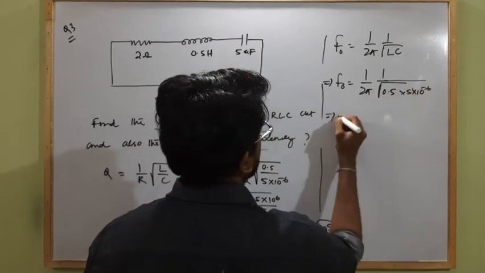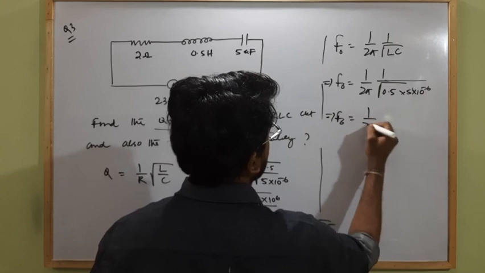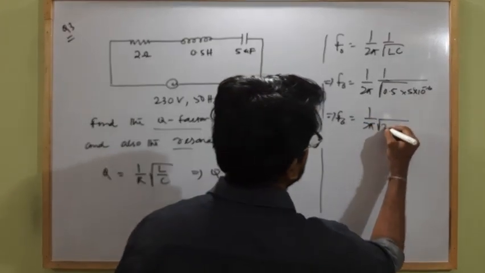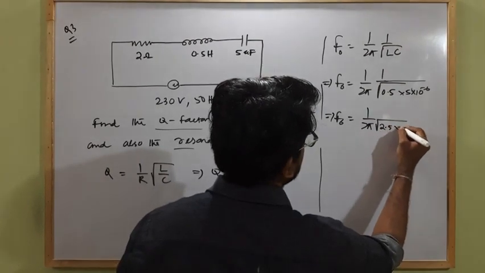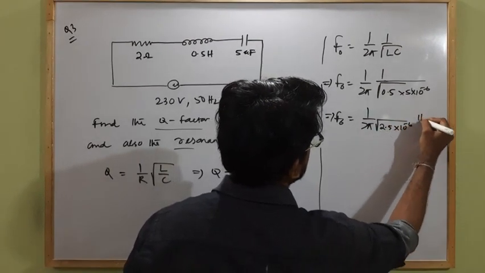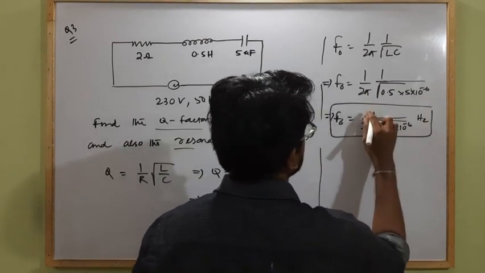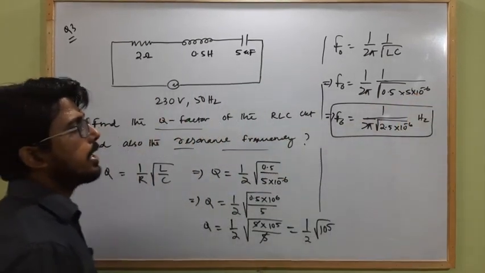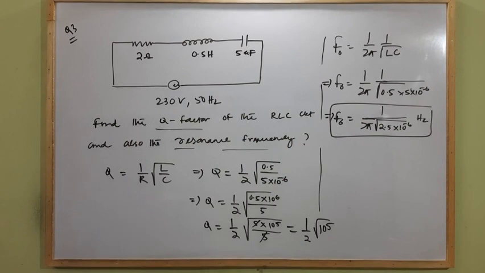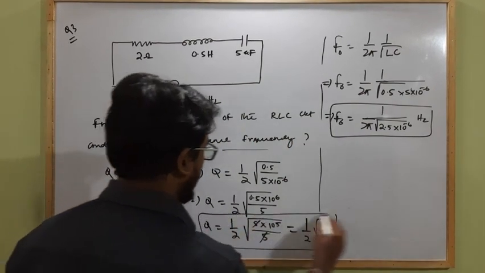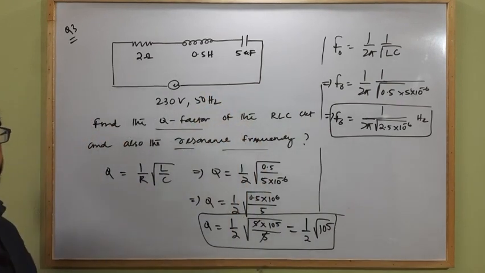So we get the resonant frequency as 1 by 2 pi into root over of 2.5 into 10 to the power minus 6 hertz. So this is the expression for the resonant frequency, and the earlier one is the expression for the quality factor of this given LCR circuit.